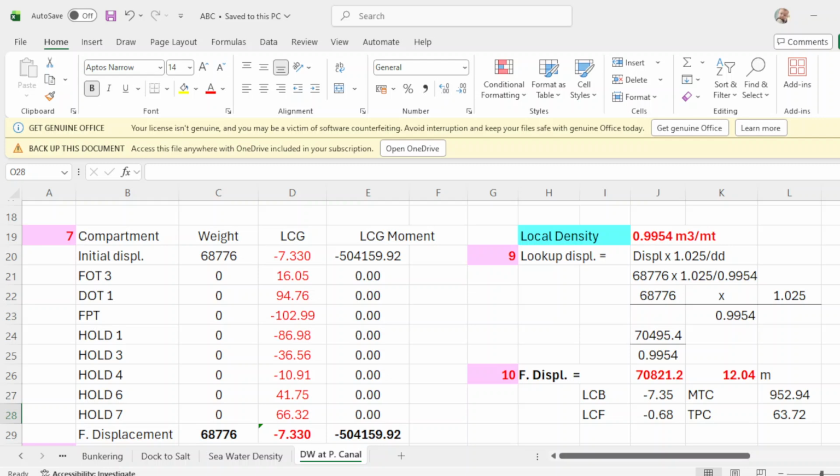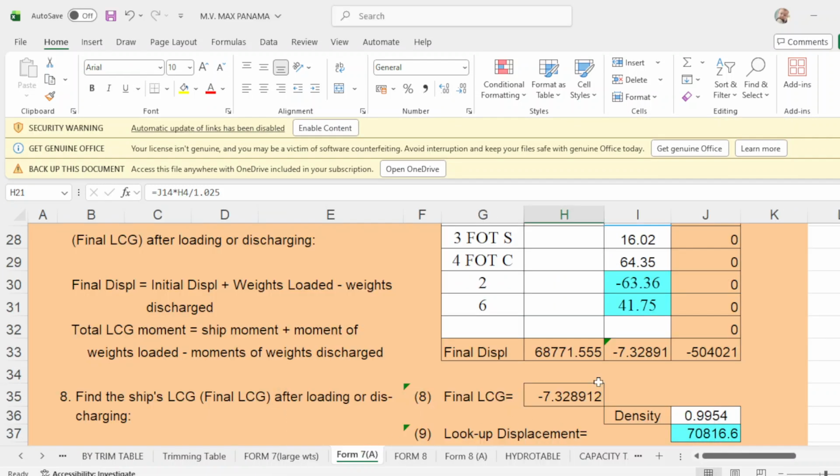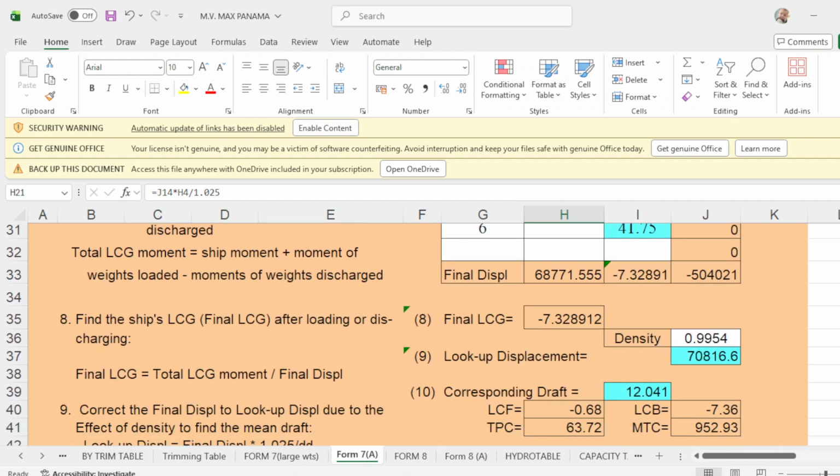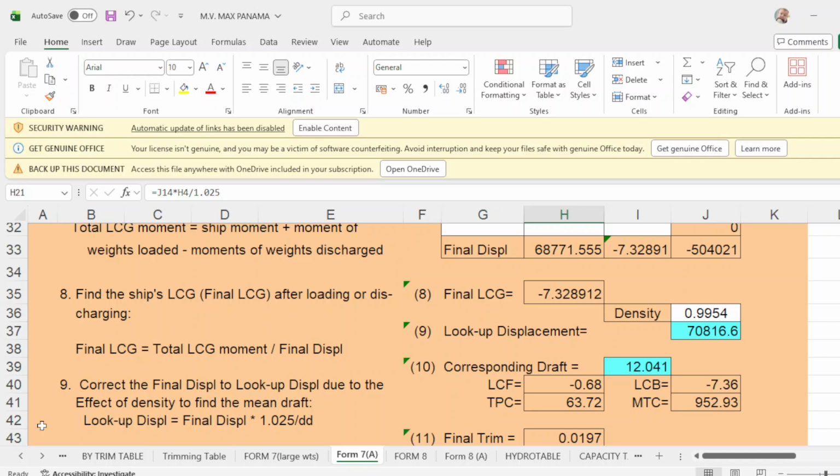Number 9, it says here, correct the final displacement to look up displacement due to the effect of density to final mean draft. Look up displacement or final density. This is the formula for look up displacement: final displacement times constant of 1.025 over your local density, whatever your local density is, okay?